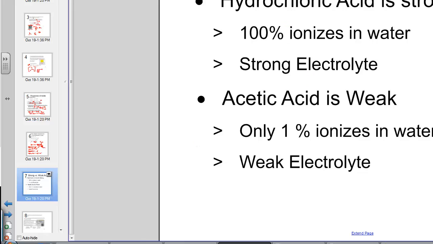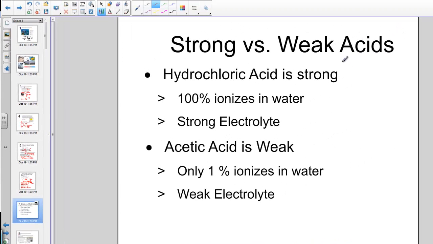What does it mean to be strong versus weak in terms of acids or bases or electrolytes in general? So again, we're referring back to our last chapter on the lesson of electrolytes. We understand that a strong electrolyte, I spelled that wrong, electrolyte. That's what happens when you try to talk and write at the same time.